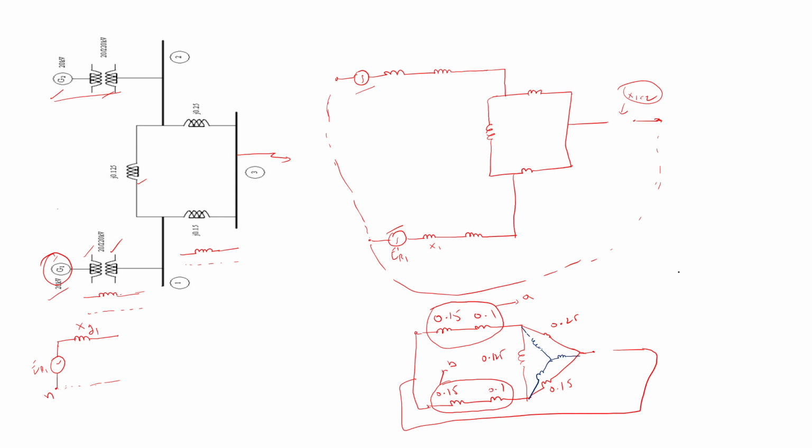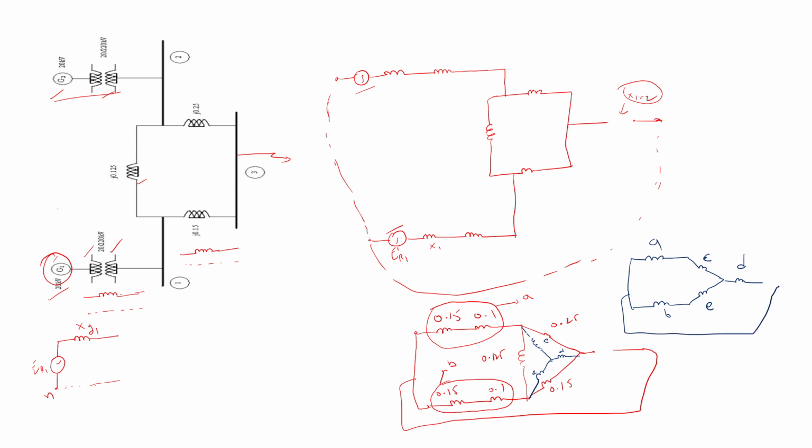Now finally, if we redraw the network, this is the equivalent reactance A, and here the equivalent reactance B, and this is the connection. Here we have a star equivalent. Let us consider these as C, D, E: this is C, this is E, and this is D.